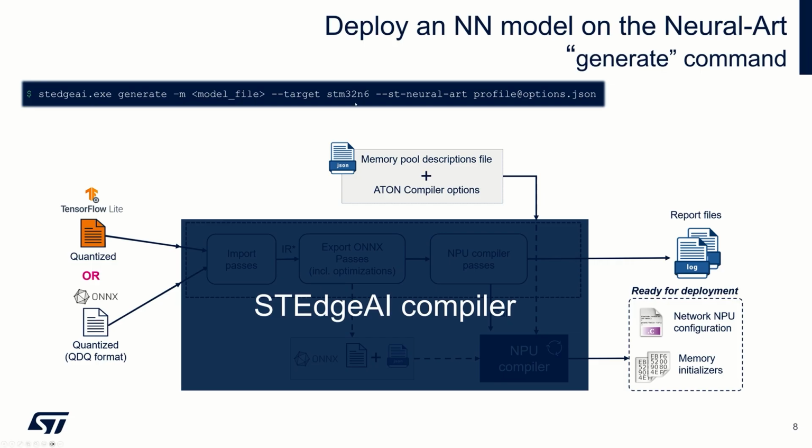This compiler, the so-called Atom compiler (Atom is another equivalent name for the neural processing unit), compiles for the neural processing unit hardware, and if a given operation of the model is not supported by the NPU hardware, the compiler takes care of delegating this operation in software to be executed on Cortex-M55.